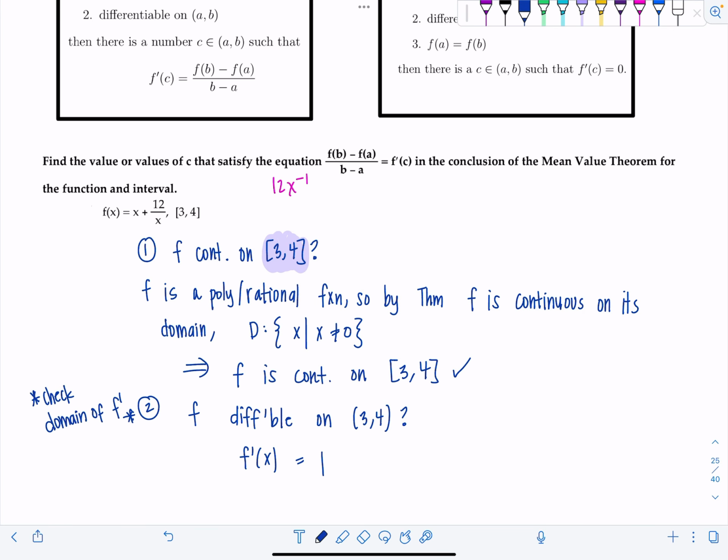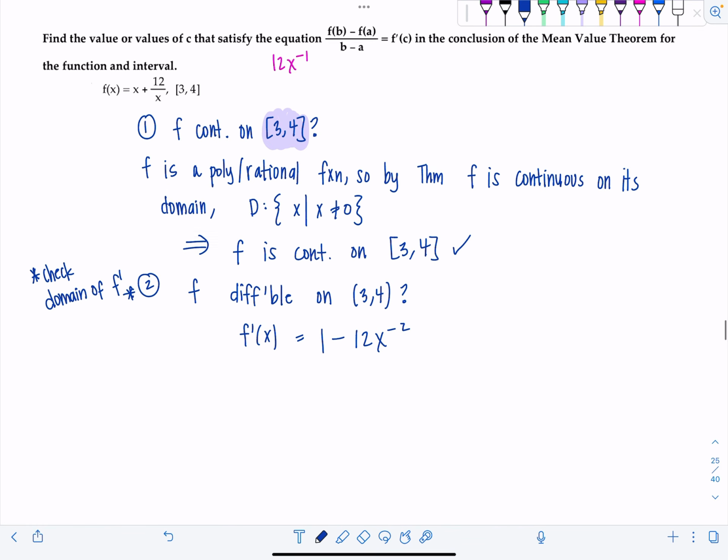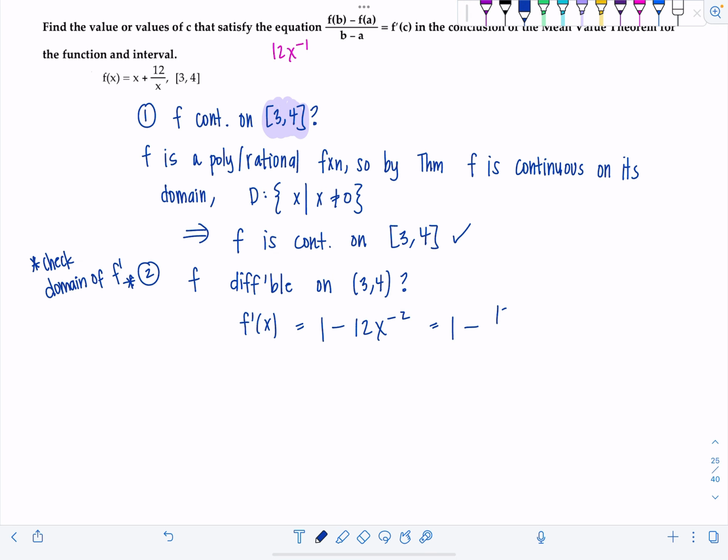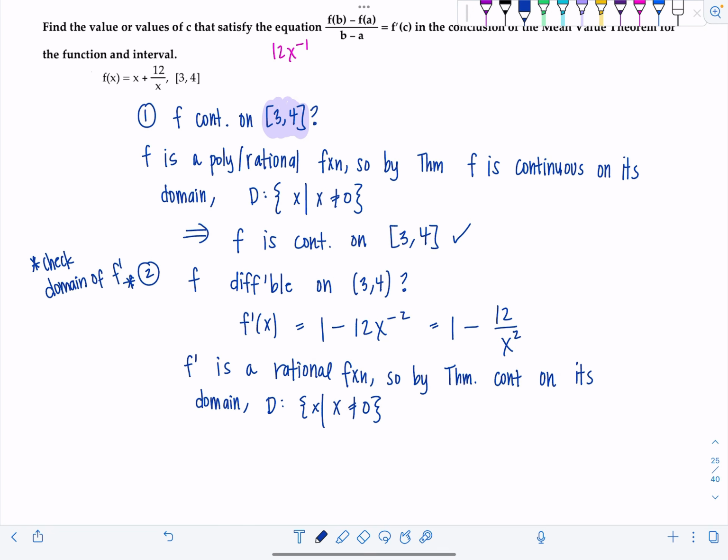So the derivative would be minus 12x to the negative second. Let's rewrite it as 1 minus 12 over x squared. Well, what kind of function is this? It's also a rational function. So by our theorem, it's continuous on its domain. And it actually has the same domain as f, everything except 0. So is it going to be differentiable on 3 to 4? Of course.